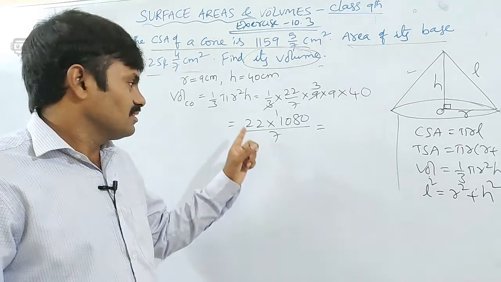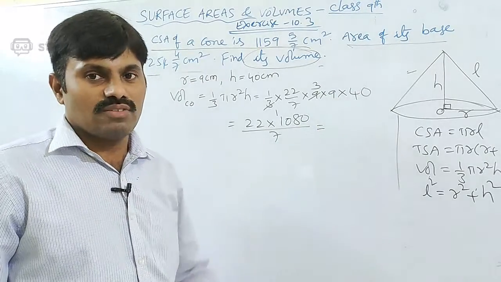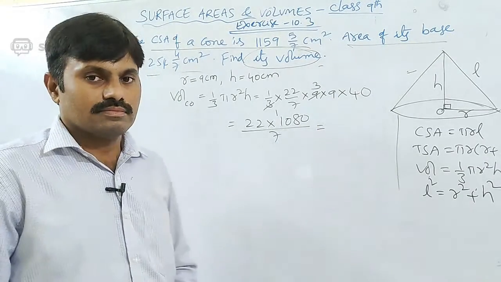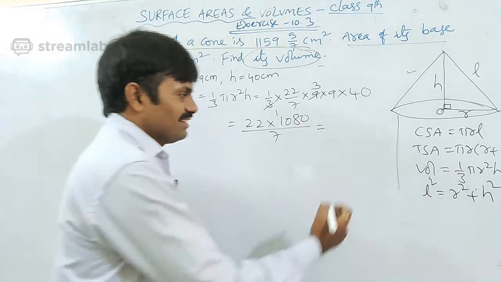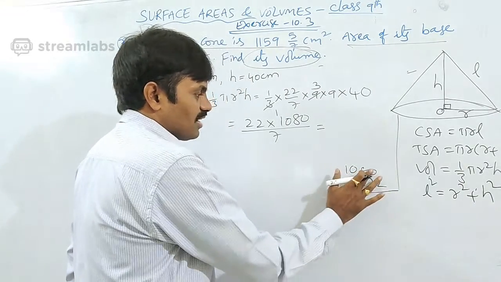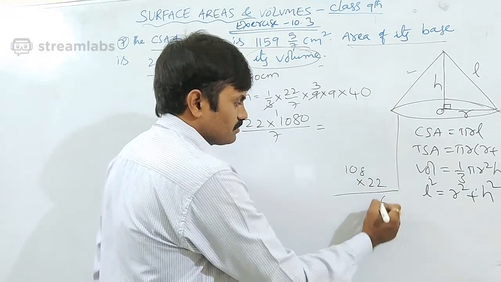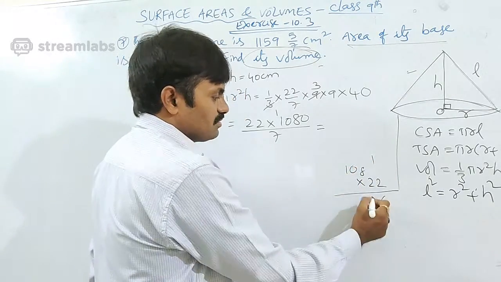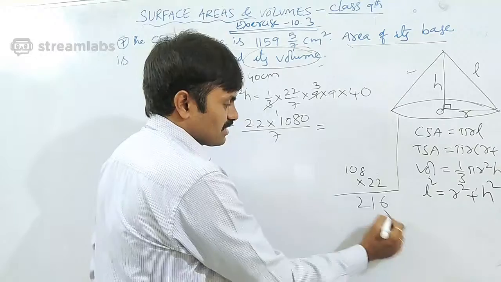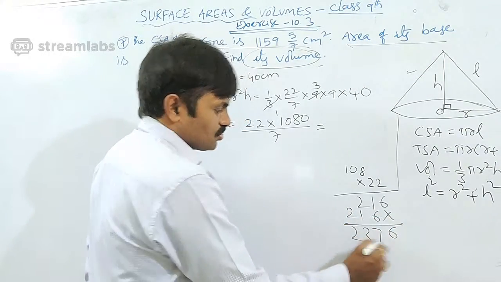And then 22 into 3 9s is 27, 27 4s is 108, 0 by 7. Now see 1080 into 22. Keep the 0 like that, and without the 0 multiply: 2 8s are 16, 2 zeros are 0 plus 1, 2 1s are 2. 216. Here also 216. So add.